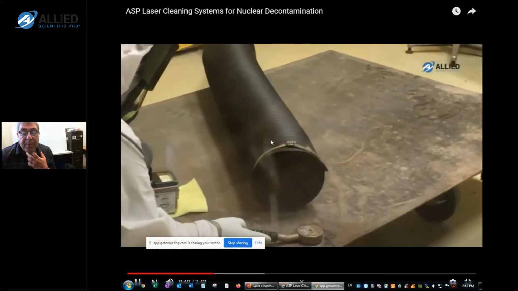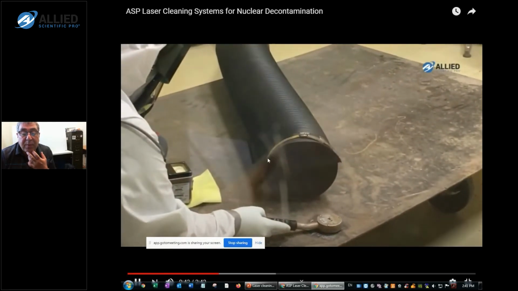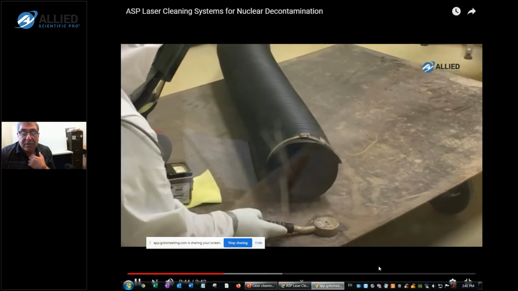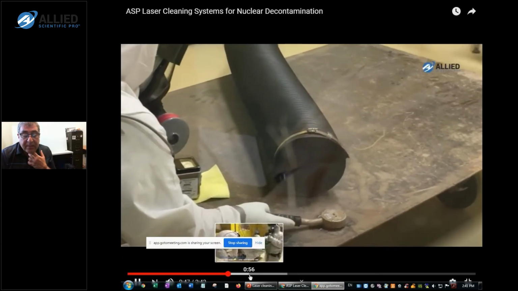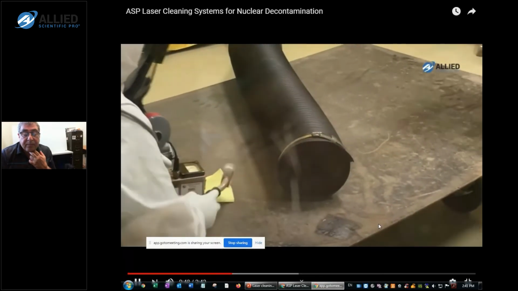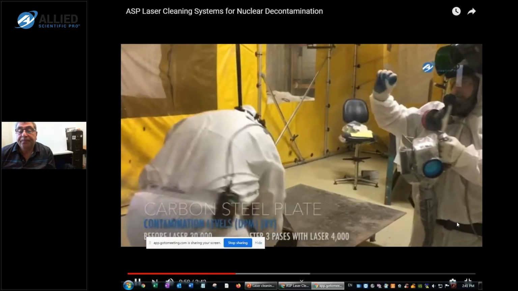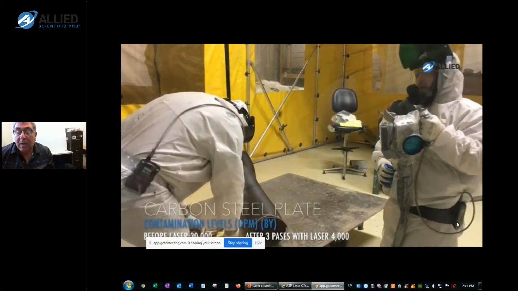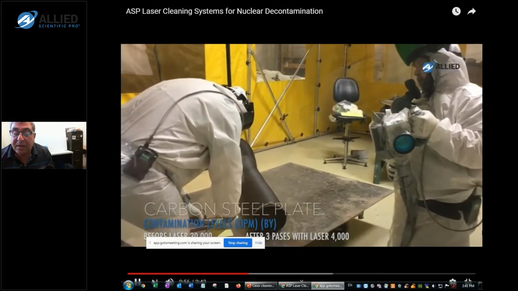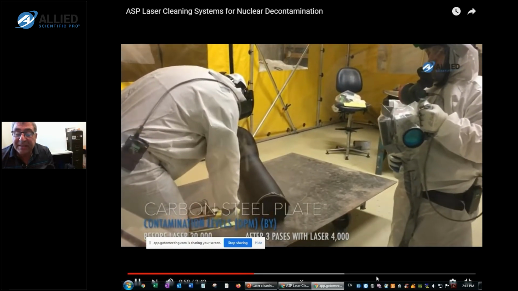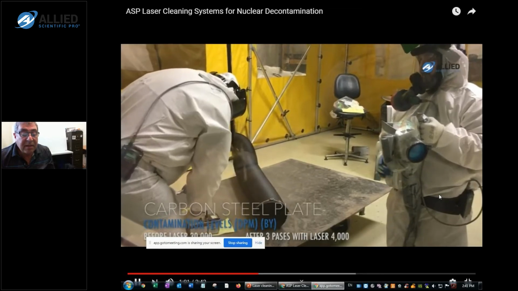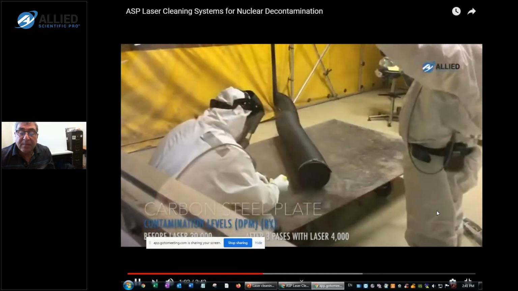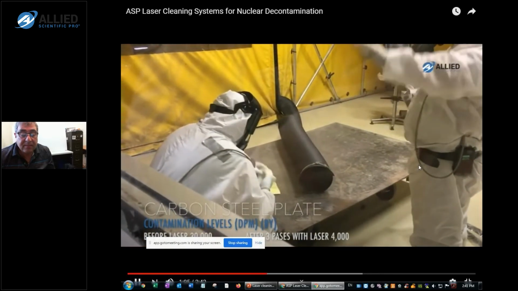And this tube goes to the vacuum pump through the HEPA filter, so it collects all the debris. You can see that the laser head is all wrapped in plastic bags, so that it doesn't get contaminated.